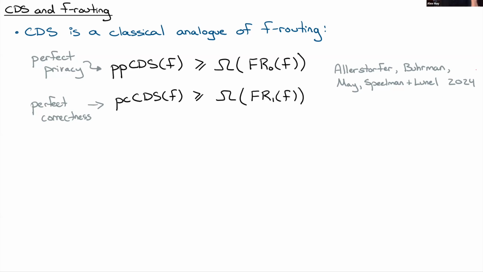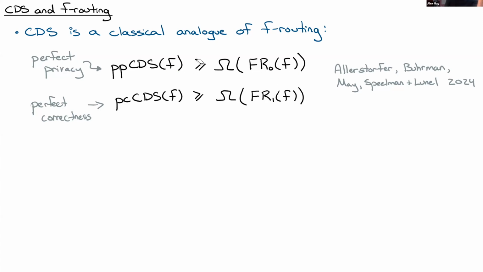For our purposes, 2 of the relevant things that we found there is that if I consider CDS with perfect privacy, so the referee should not be able to learn anything about the secret beyond randomly guessing, then the randomness cost of implementing that for some function f is lower bounded by the entanglement cost in F routing with perfect correctness on 0 instances.